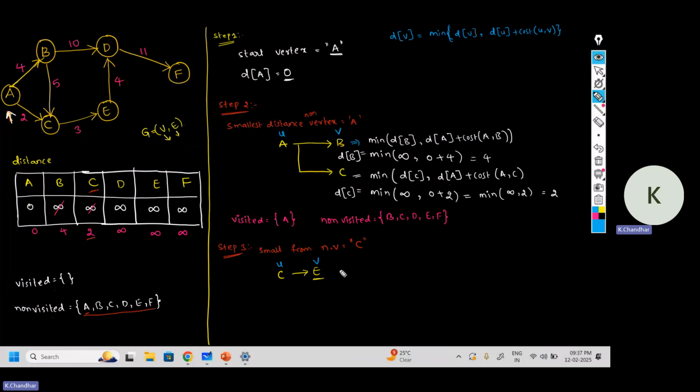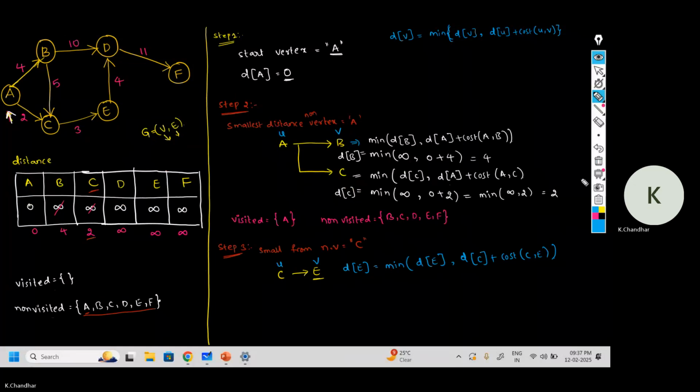This is U, this is V. So distance at E is going to be represented as minimum of distance at E, comma, distance at C plus cost between C, comma, E.